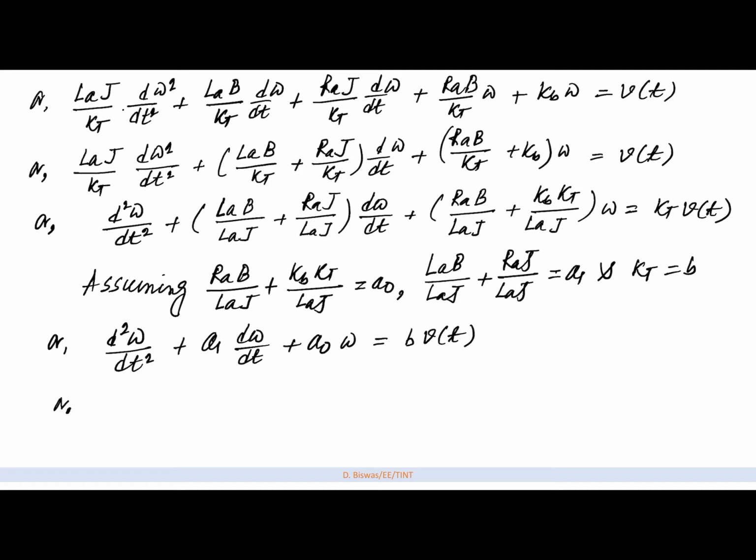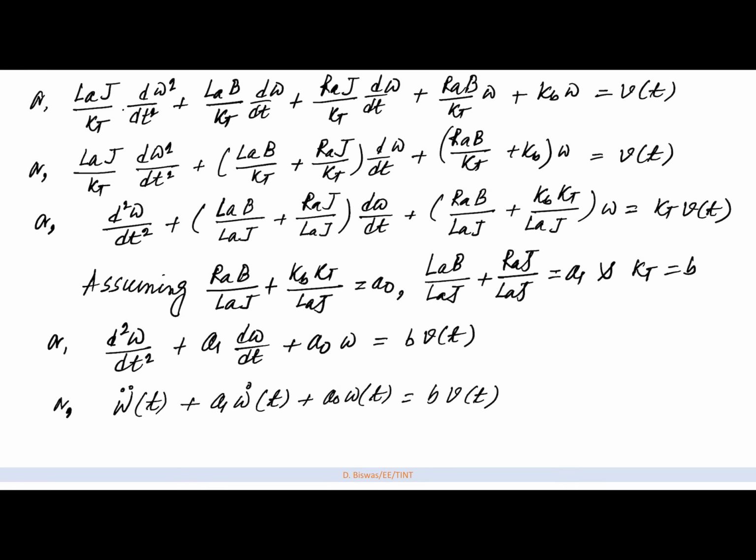It can be also written as omega double dot plus A1 times omega dot plus A0 times omega is equal to b times Vt. This is equation number 5.